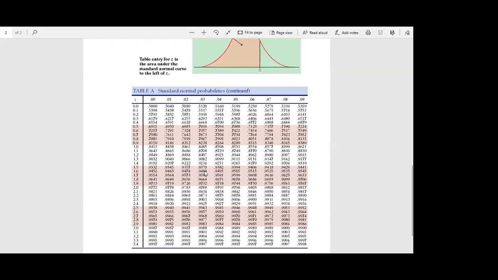So this is the positive table. You can look in the positive table for 1, which is right here, and we get 0.8413.